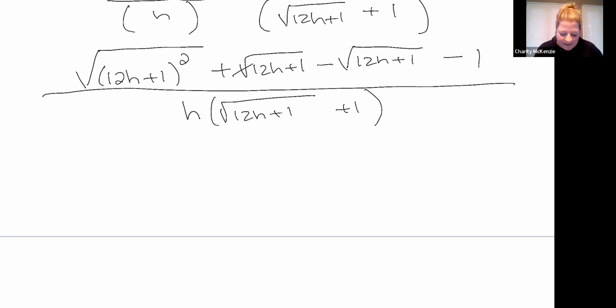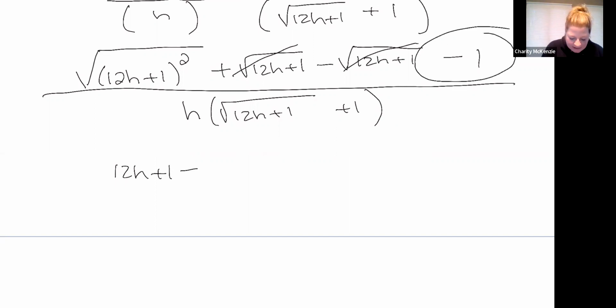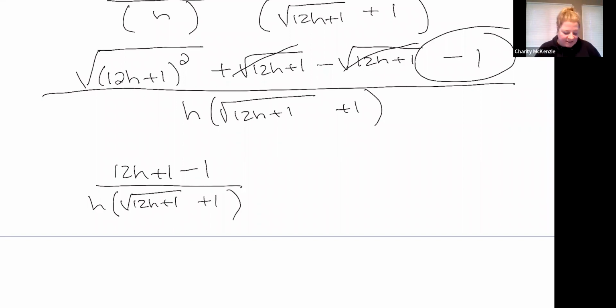So look at the top. This cancels this. The square and the square root undo each other. So the first term is just 12h plus 1. And then you still have this minus 1 over here. And then on the bottom, I have the h times still the square root here of 12h plus 1 plus 1. And you will see that this plus 1 and minus 1 go to 0.